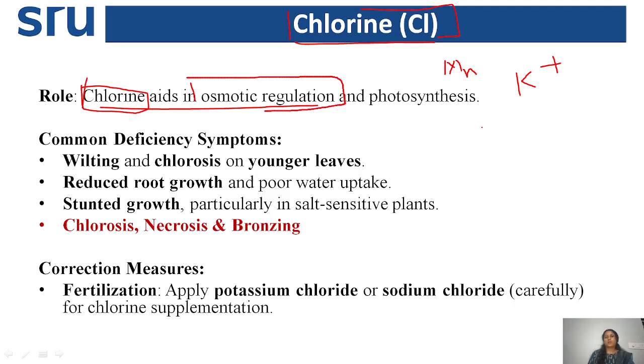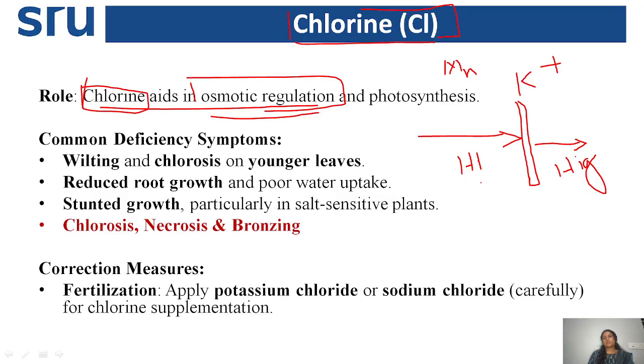What do we mean by osmosis? It is the movement of water or solvent molecules from higher water potential, meaning a higher water region, to lower water potential, meaning high salt concentration and less water content, through a semi-permeable membrane. What does osmotic regulation mean?